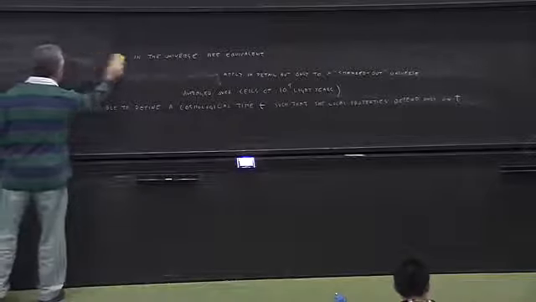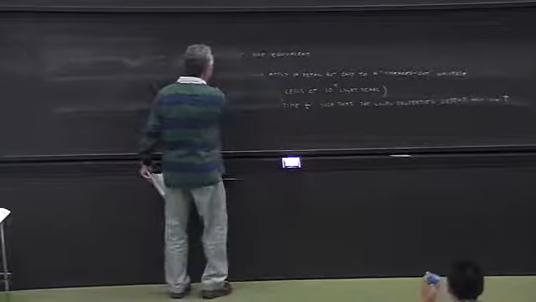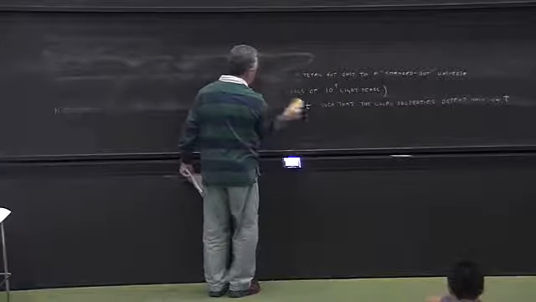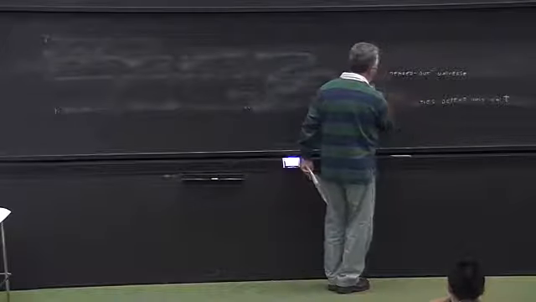Now, this dates back to the work of Hubble, who studied distant galaxies and concluded that, roughly speaking, the further away they were, the faster they were going.